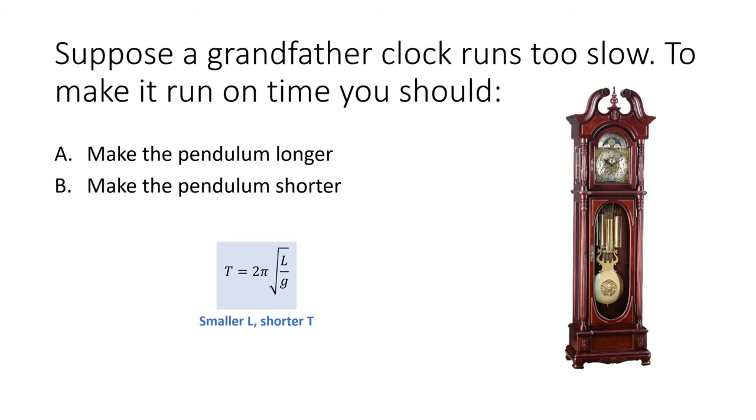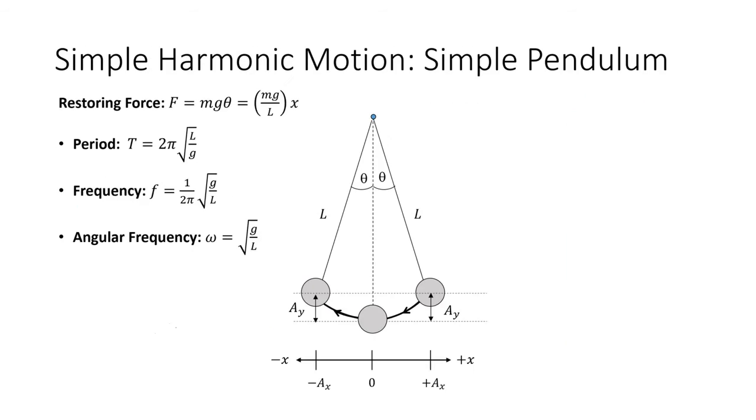It's lasting longer than 1 actual second. And so what we need to do is change the period of oscillation so that it's shorter. And that will help us to get the clock to run on time. And so how do we make the period of oscillation shorter? Well, we just need to shorten the length of the pendulum. And so I would pick answer B here. We need to make the pendulum shorter.